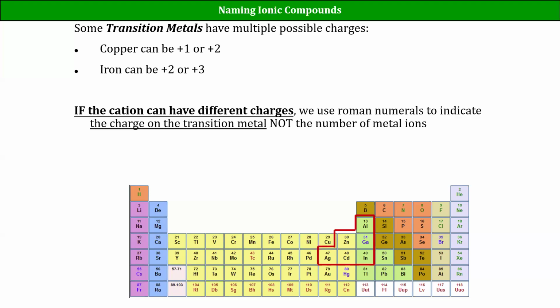All right, and again, I'm not going to make you do the old school way of naming, like iron 2 versus iron 3, where you actually had to memorize a bunch of stuff. You said that iron 3, we call it a ferric ion, versus iron 2 would be a ferrous ion, but that still involved a whole bunch of memorizing because you had to know that ferric was a +3 and ferrous was a +2.